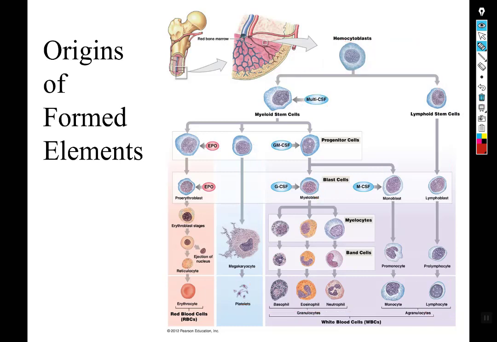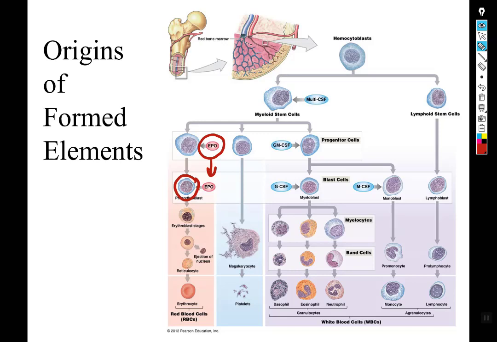So just to go over the specifics of erythropoiesis, myeloid stem cells, in response to erythropoietin, become pro-erythroblasts, and those continue to be stimulated by erythropoietin. So what you're seeing here is this increase in reddish-orange color. While this cell still has a nucleus, its job is to transcribe and translate the genes that code for hemoglobin as much as possible.